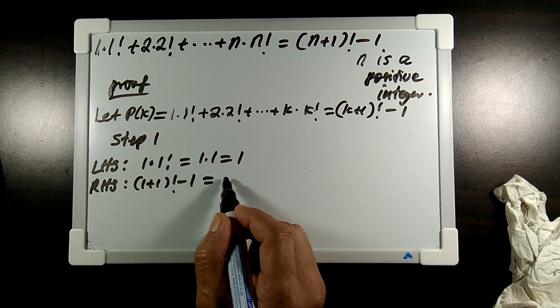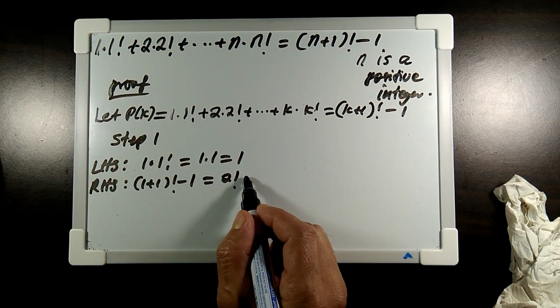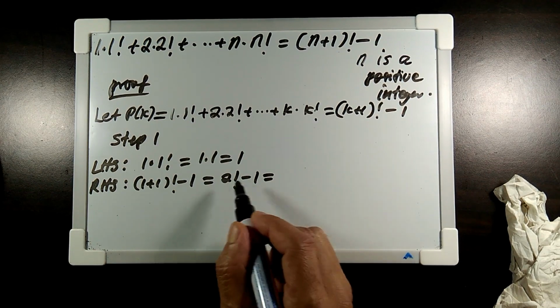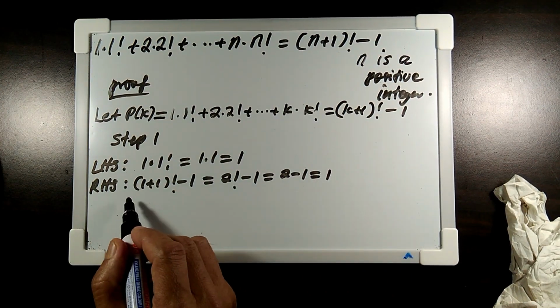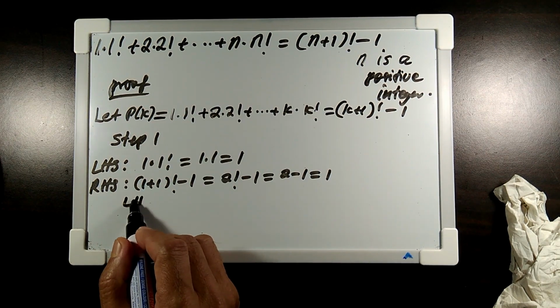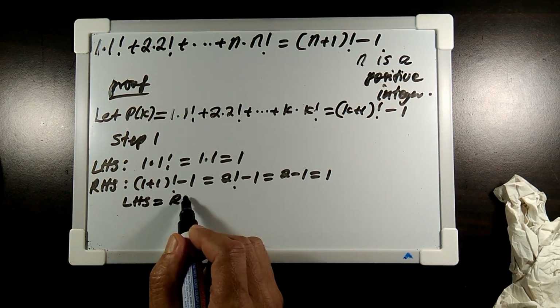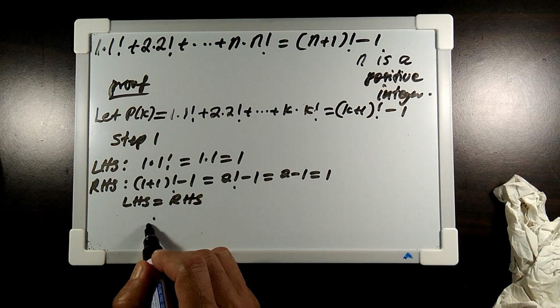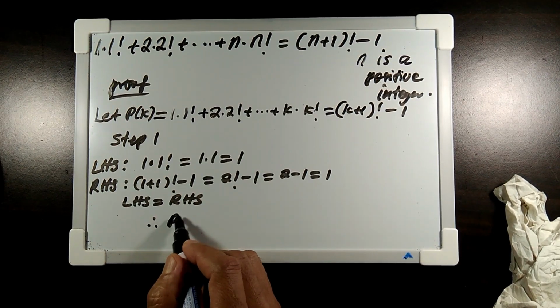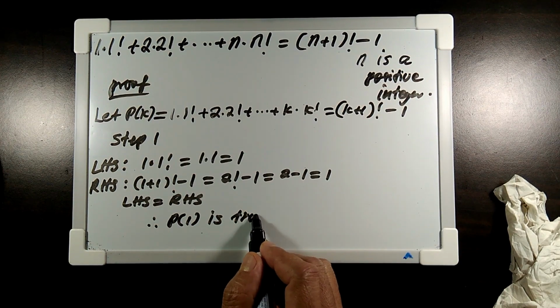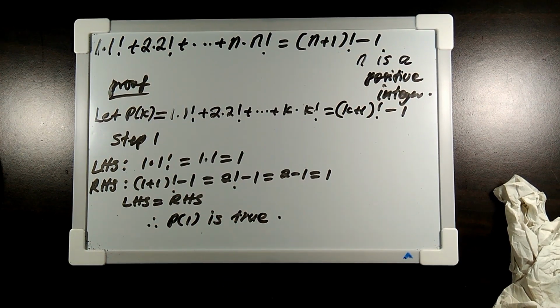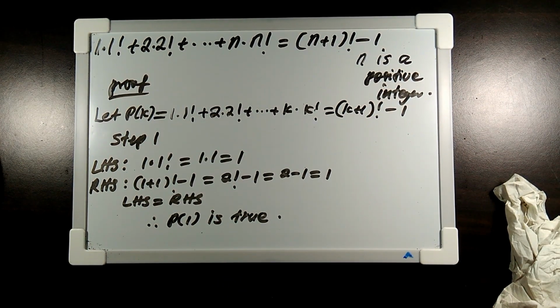This is 2 factorial minus 1, and 2 factorial is 2, so 2 minus 1 is equal to 1 also. So we see the left hand side equals the right hand side. Therefore, P1 is true. Okay, we are done with the first step.